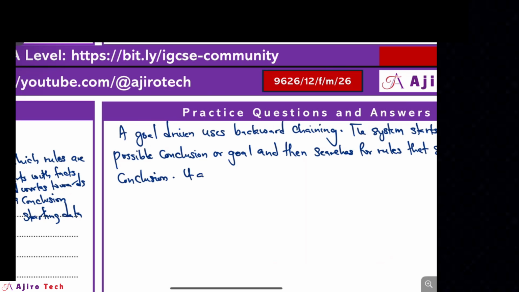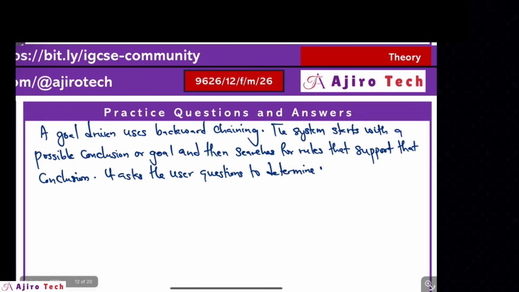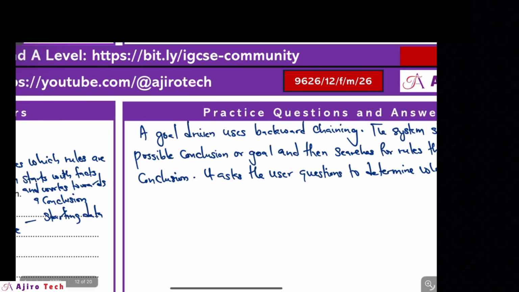Okay. So it asks, for example, the user questions to determine whether the required conditions are true.